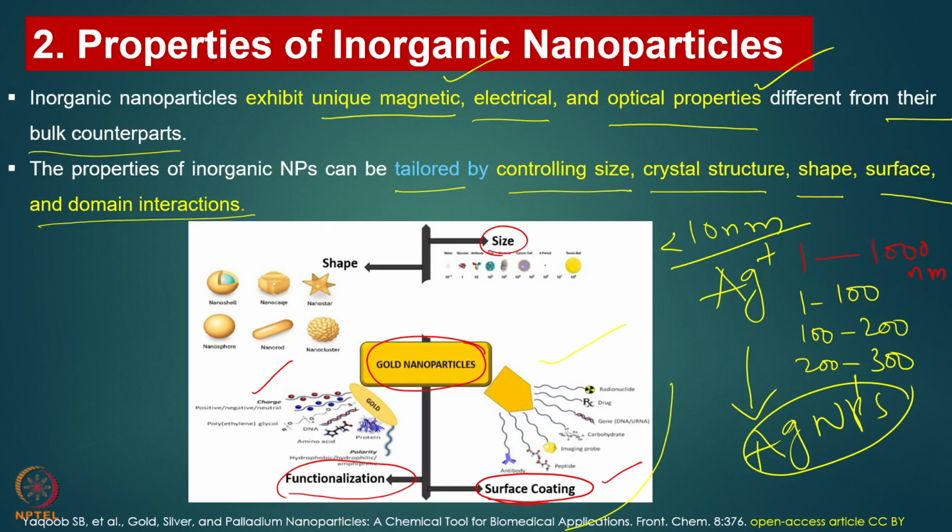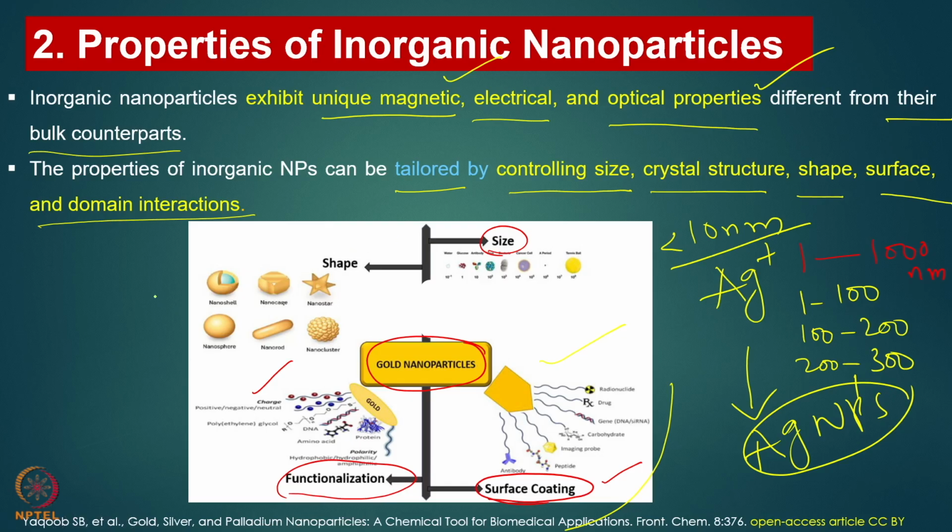Not only that, by controlling various factors during the synthesis, you can also get different shapes of particles. Nowadays there is a lot of scope in non-spherical particles, even in polymer systems, but the chances of getting various types of shapes are possible only with inorganic nanoparticles.